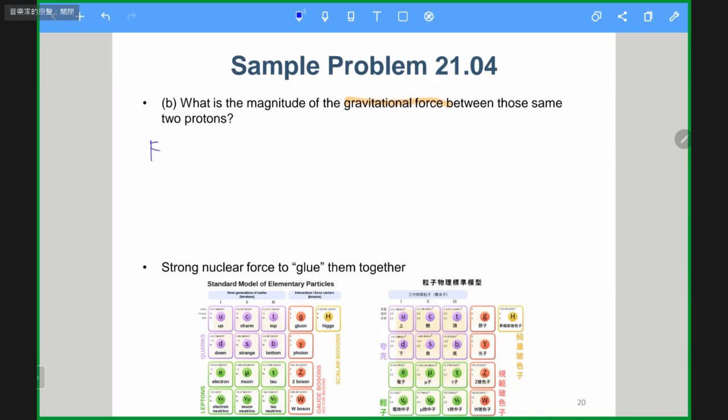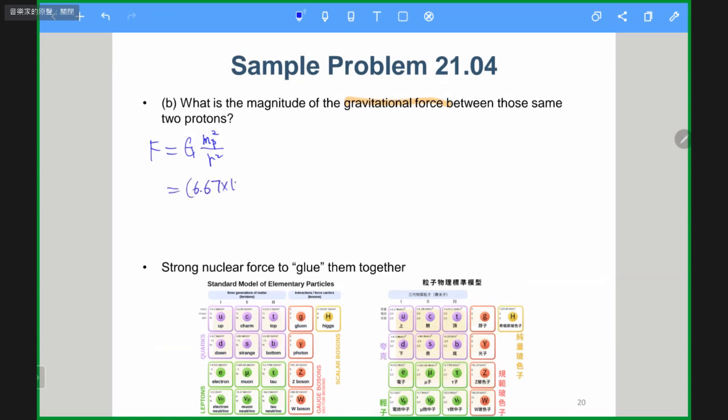In this course we won't use this gravitational force later on, so we just need this to tell the story of these two pages. So this is the gravitational force between two objects. m_p is the mass of the proton, and r is the same distance between the two protons.